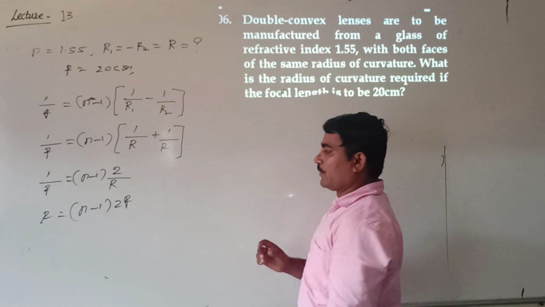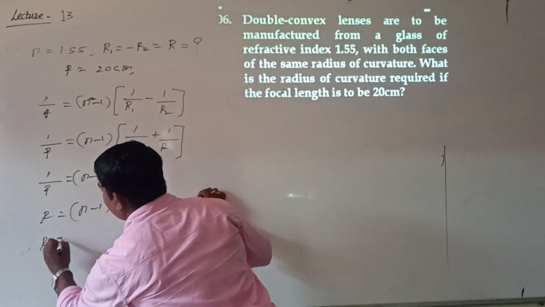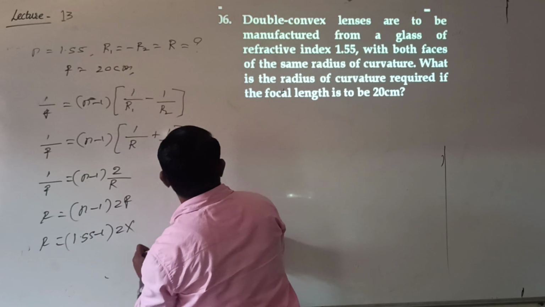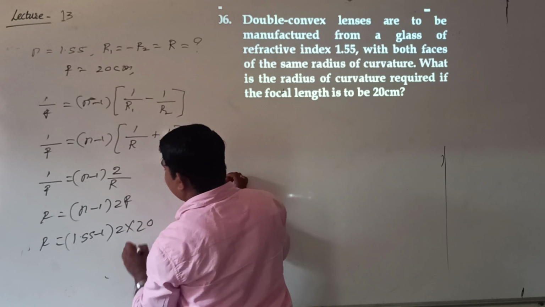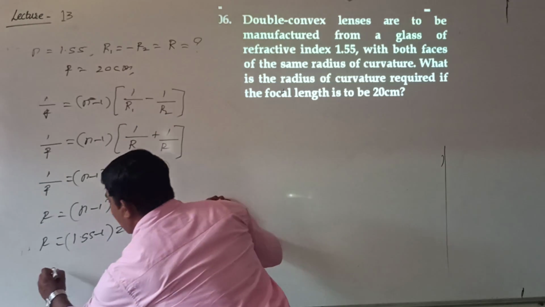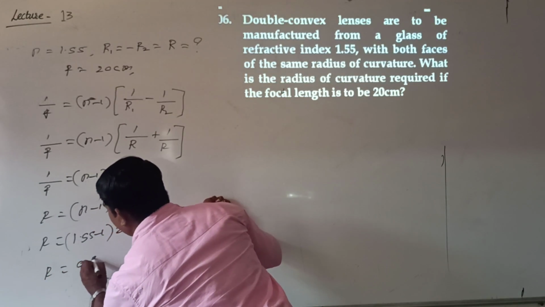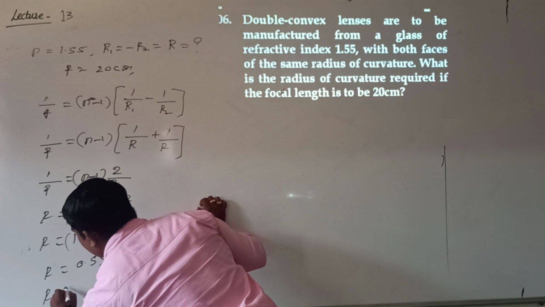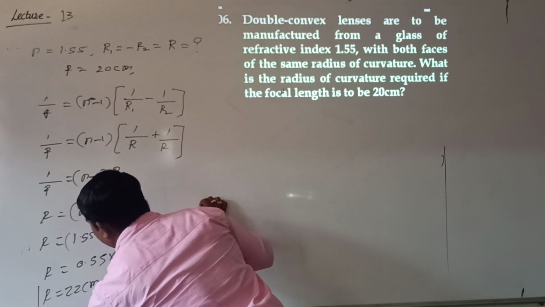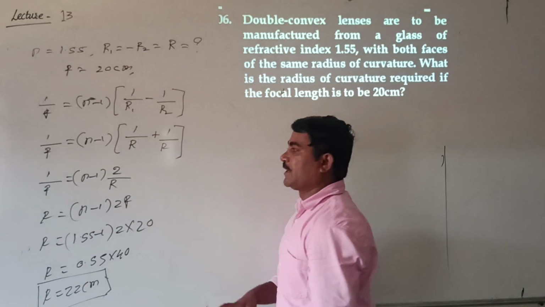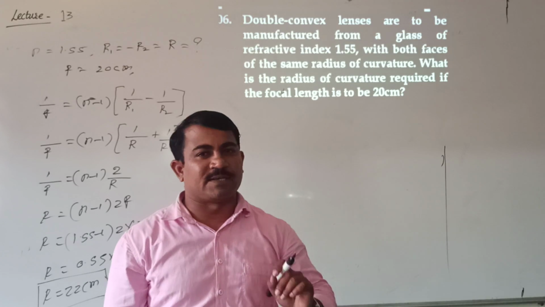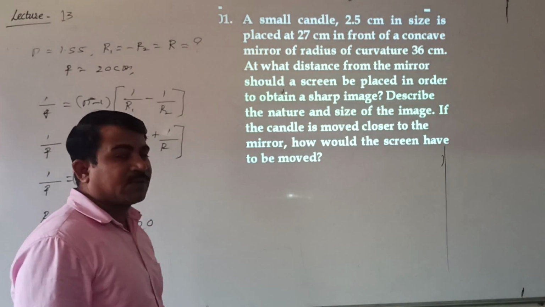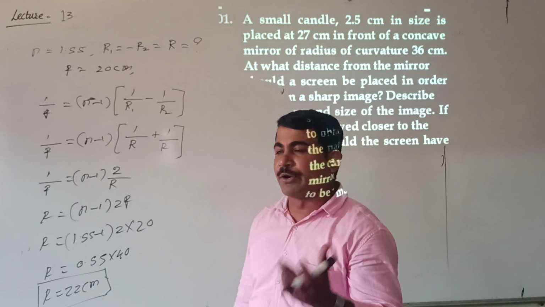Given n is 1.55 minus 1, 2 into f, and f is already given as 20, so r is equal to 0.55 into 40. So r is how much? 22 centimeter. The radius of curvature is found to be 22 centimeter for the double convex lens. That is, R1 is equal to 22 centimeter and R2 is equal to 22 centimeter.